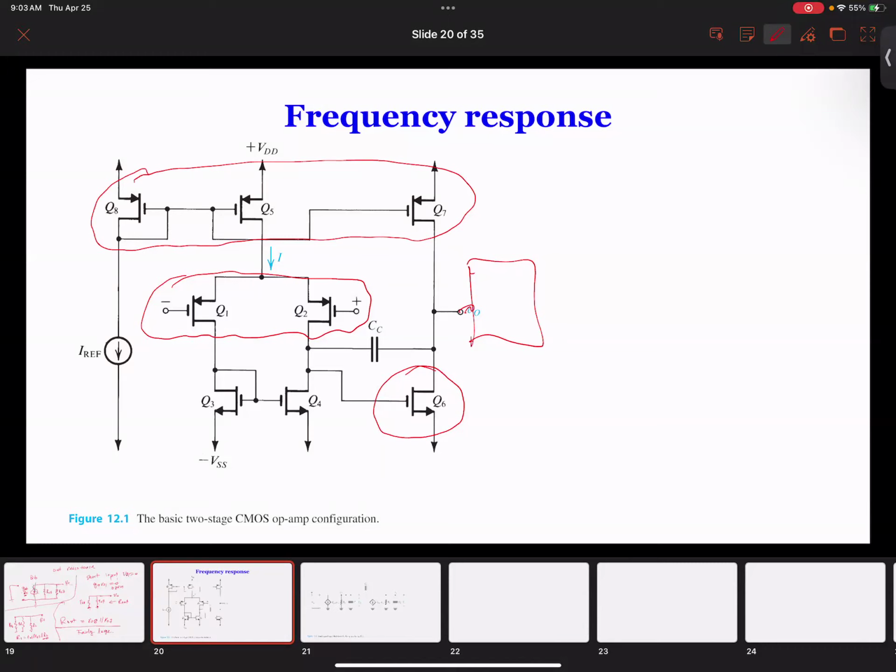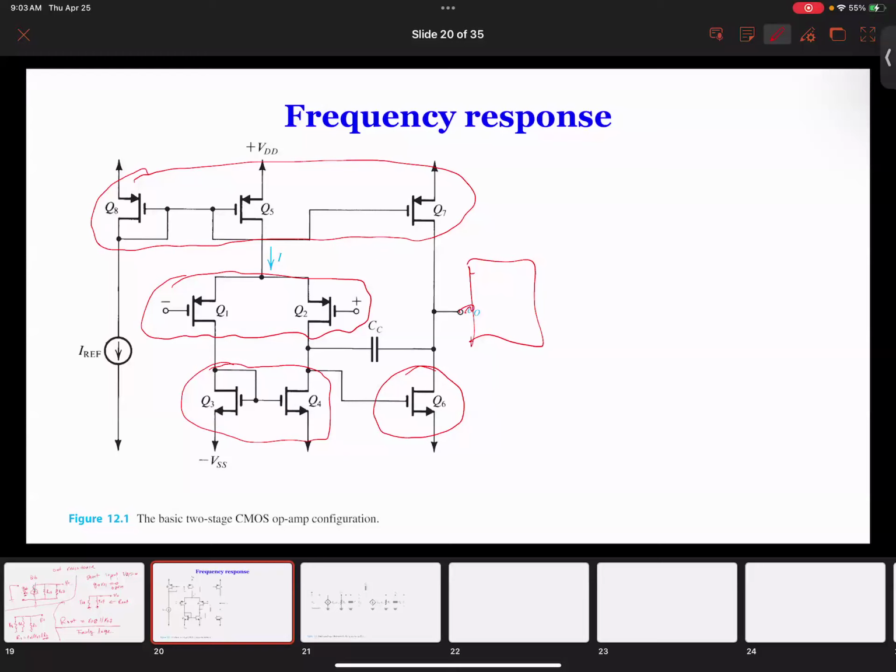You also have Q3 and Q4 formed as a cascode current mirror load for the overall system. Now, we already went through the input range, the common mode input range. We also looked at the output range, the DC gain, and the input resistance and output resistance from our last lecture.